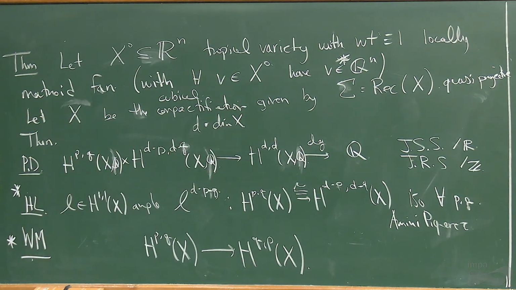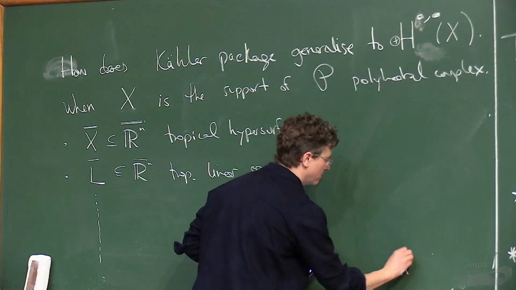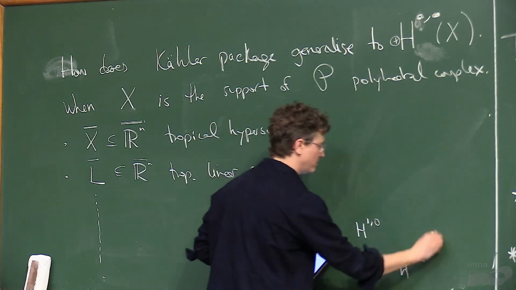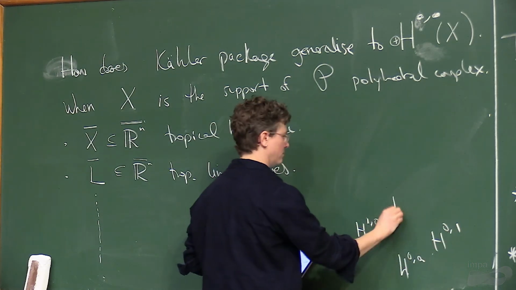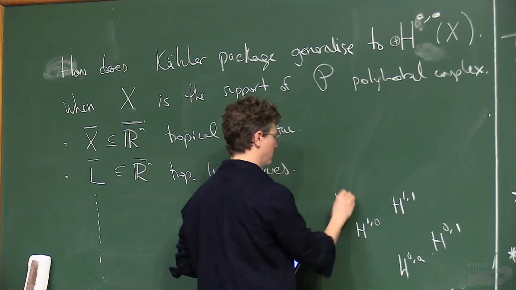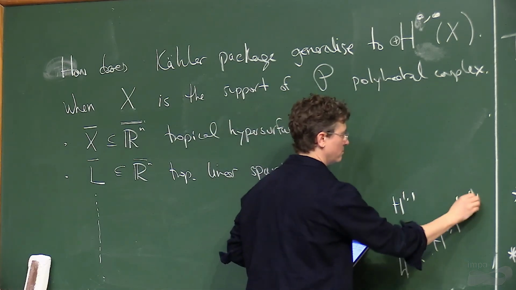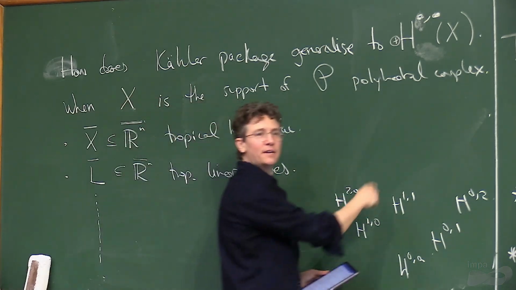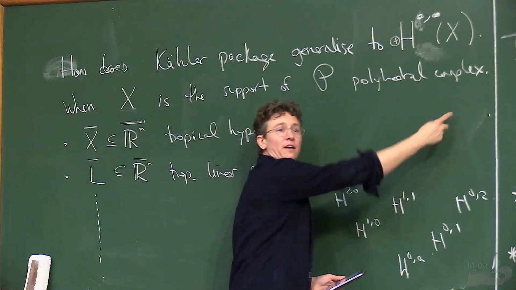Okay? So if we think about, okay, let me draw out a kind of tropical Hodge diamond here. Okay? Poincaré duality is a kind of reflection through the center of this diagram.